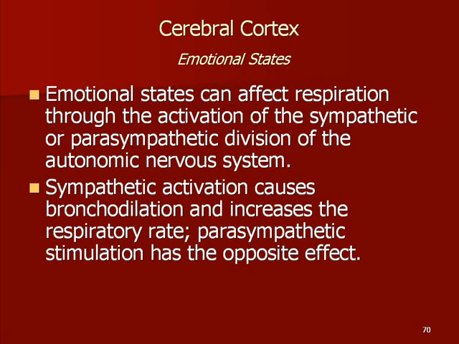For us to be able to involve higher levels of skeletal muscle in this activity, it requires bronchodilation, which would make more oxygen available to the skeletal muscles, and increased respiratory rate, which increases ventilation and exchange of O2 for CO2, thus increasing the availability of oxygen to the skeletal muscles so you can either fight or flee. Now, the parasympathetic nervous system during this period of action would obviously have the opposite effect.